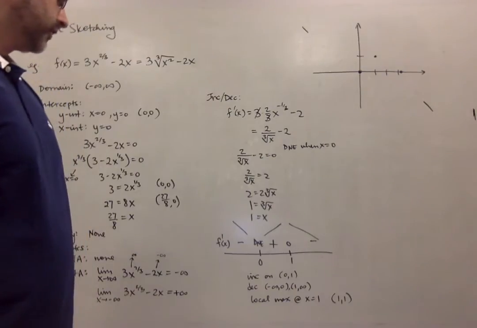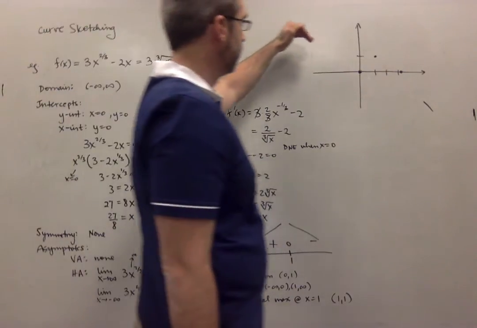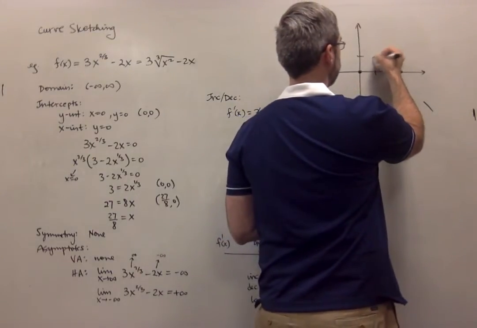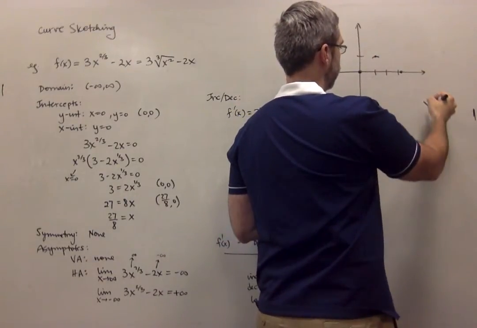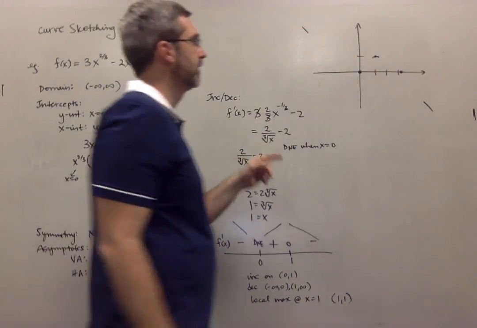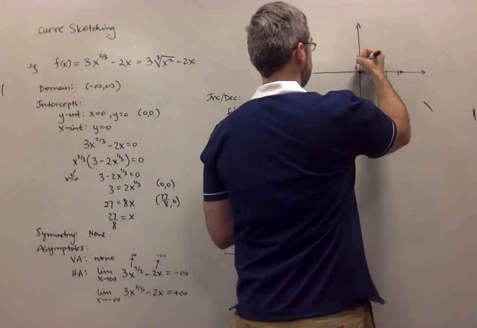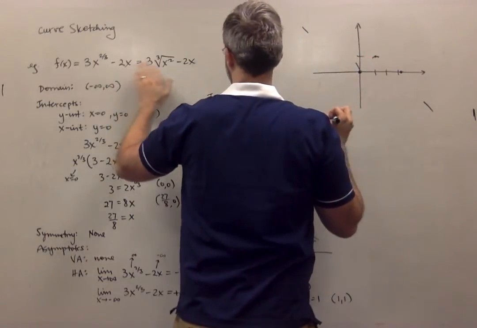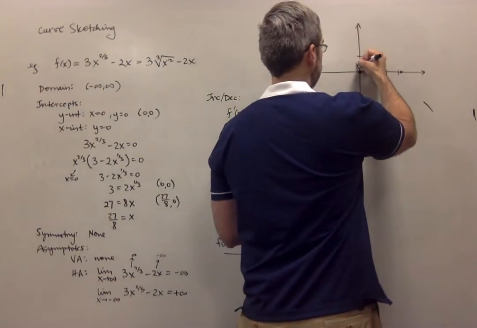All right, so we're decreasing down to here, then we're increasing, derivative is 0 here, and then we're decreasing again. Now, one thing that's actually happening, the derivative here, the cube root actually ends up with a vertical tangent line here.